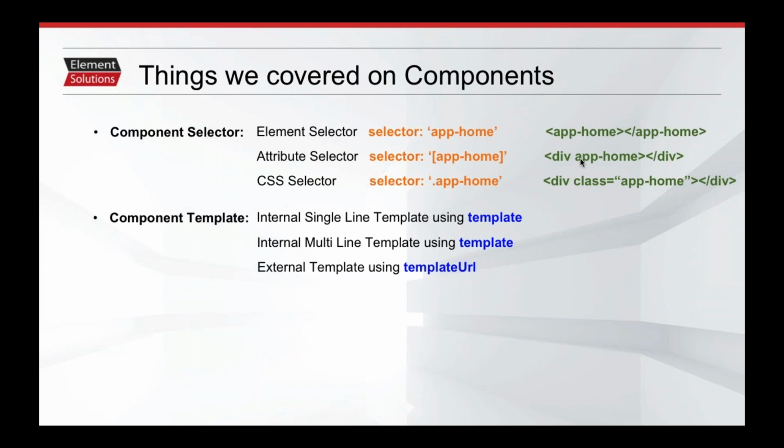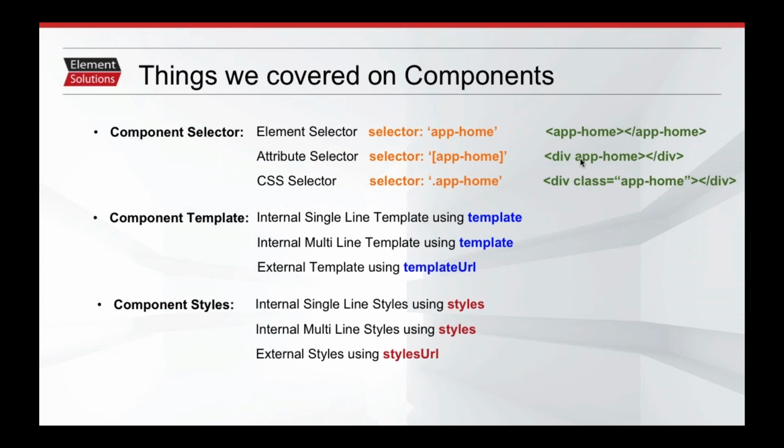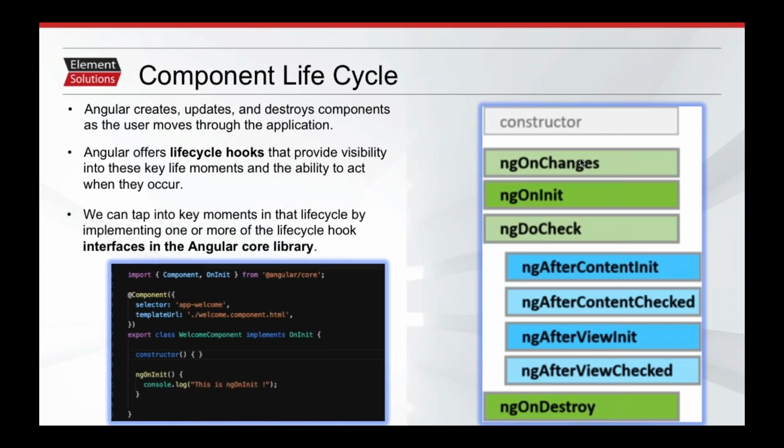We also covered how to use the template: inline single-line templates, inline multi-line templates, and external templates. The same as the template, we can implement them for CSS styles. And we also covered how to create a new component using the Angular CLI. This is about the component.